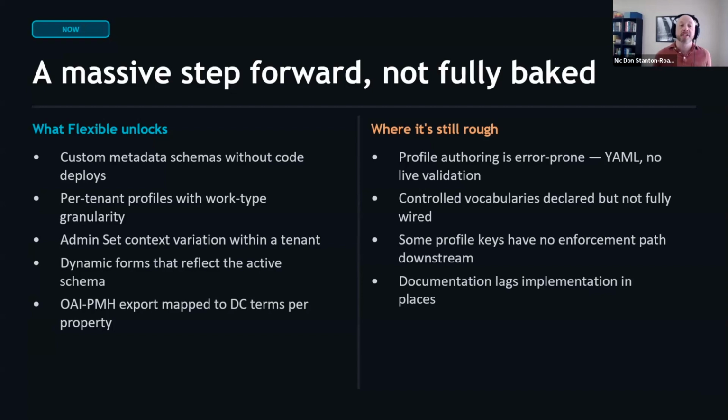But what we can do with the current version of flexible metadata is make all sorts of changes to the metadata profiles of works in your tenant. And then with context, you can get more granular and have admin sets with different metadata setups per admin set.